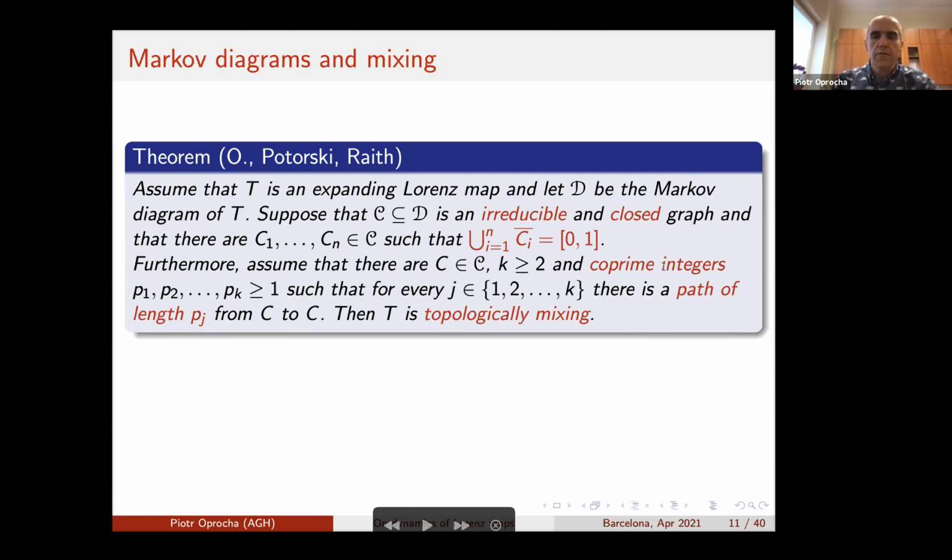If you have this diagram which gives you transitivity, then look there for cycles. If the lengths of these cycles are coprime, if you can find such lengths, then you have mixing. This is exactly the condition for shifts of finite type. It's very analogous, despite the diagram being different, so the same very similar argument works.